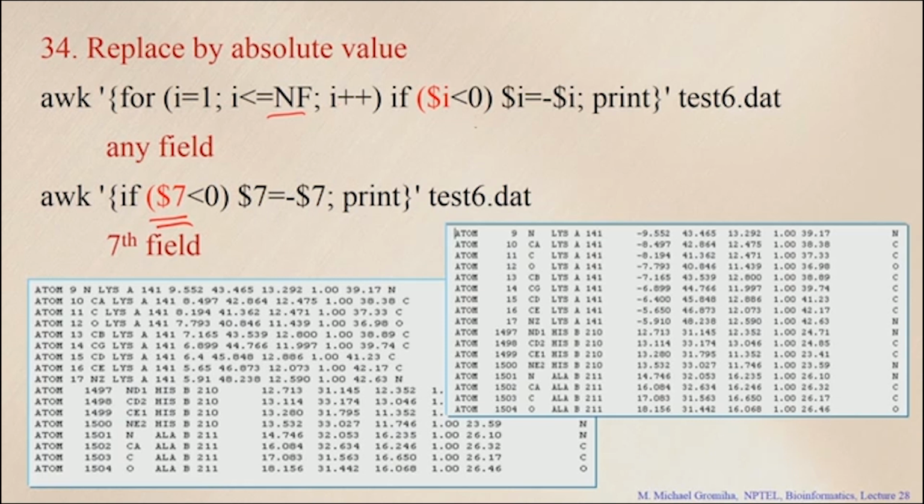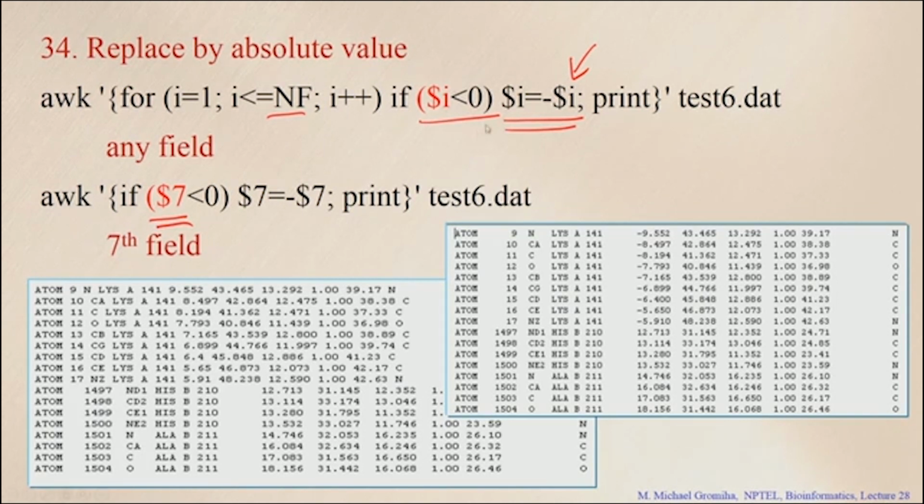If $i is less than 0, negative values, right, less than 0, then you replace $i by minus $i, right. So, whatever minus values you have will be replaced by the positive values, right.